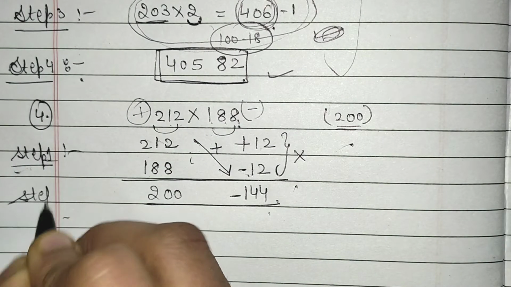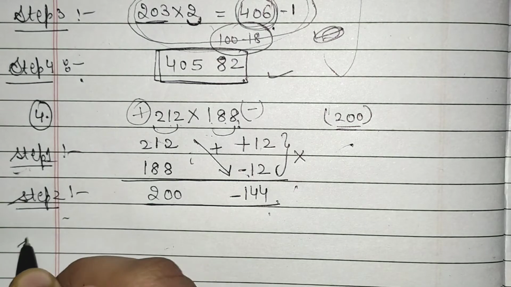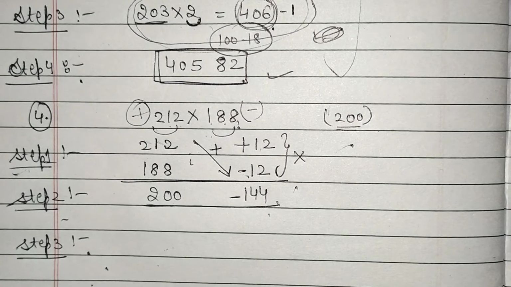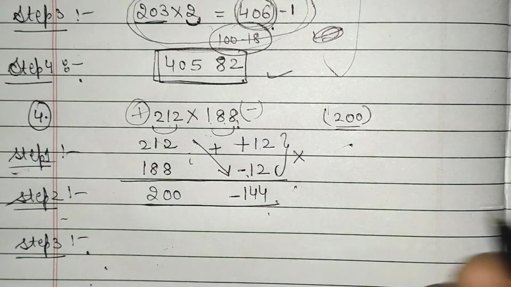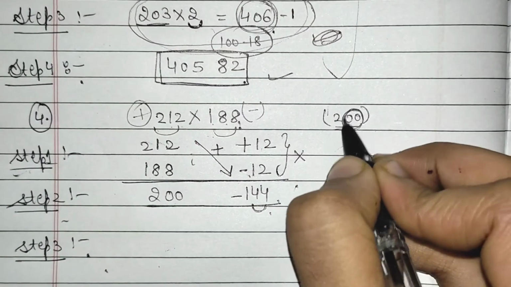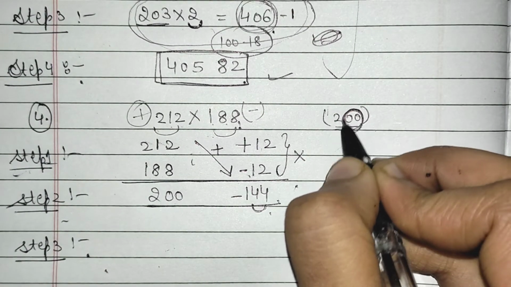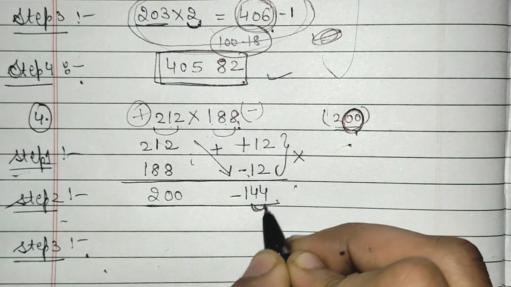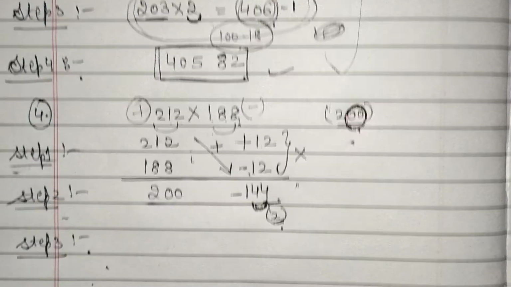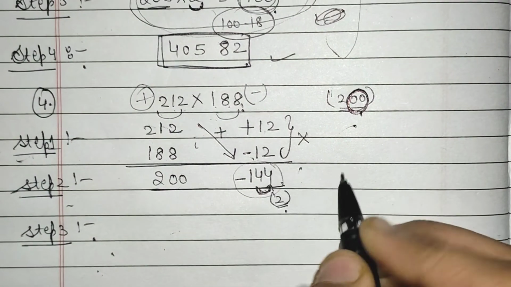This was my step number 2. This is now my step number 3. Step number 3 is what? Now another step is added. We have done it earlier also. See, the base has how many zeros? 2 zeros are there. So how many digits are allowed at the last? Only 2 digits are allowed at the last, but this time we have 3 digits.